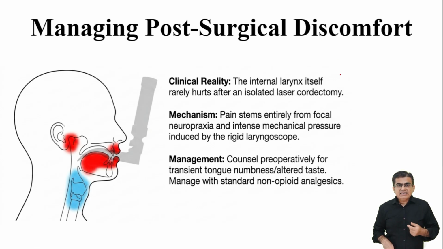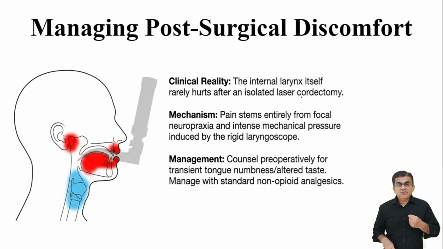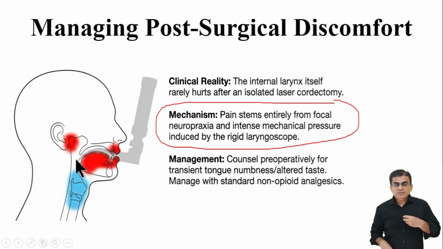The internal larynx itself rarely causes severe pain after an isolated laser resection. Instead, the real pain comes entirely from the intense mechanical pressure of our heavy metal rigid scope. We have to push the scope very hard against the patient's tongue and the floor of mouth to get a clear view of the tumor.